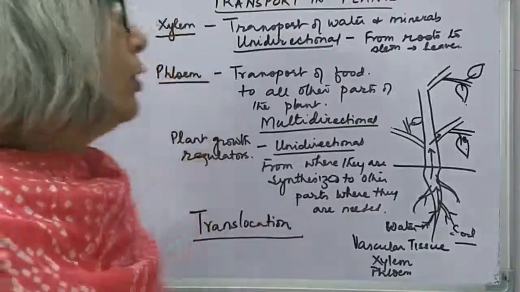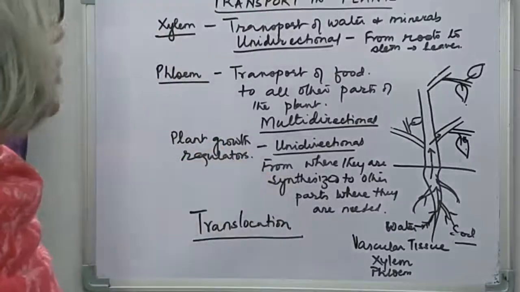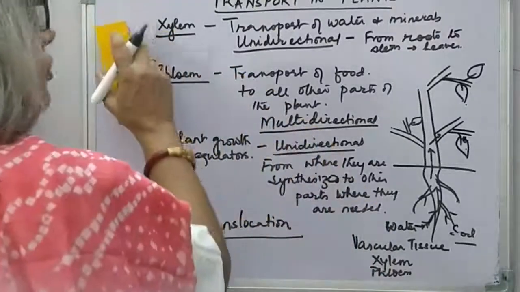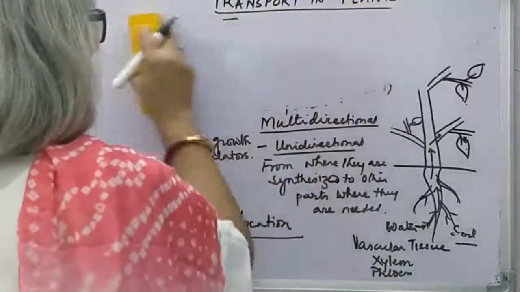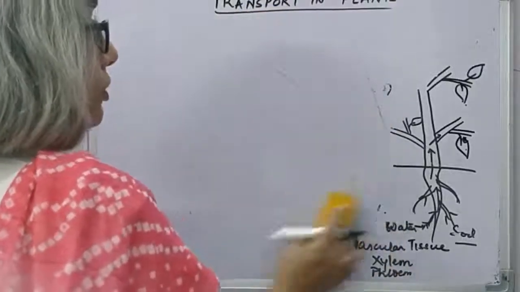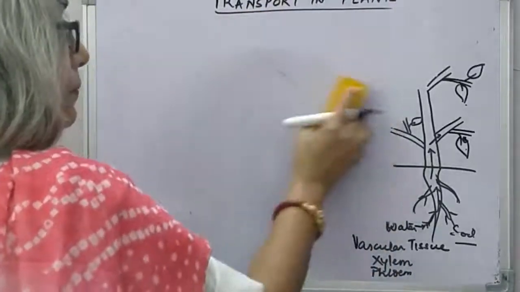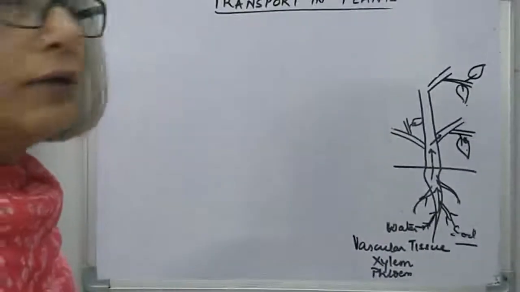Now, as I told you, water is an essential component or the principal constituent of all living cells. Water is very essential for the survival of the plant.